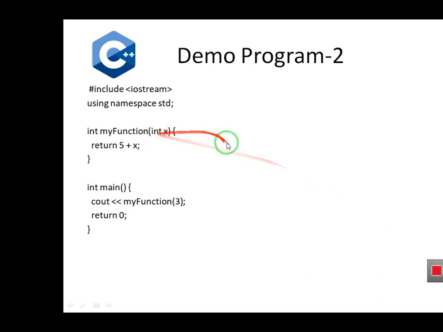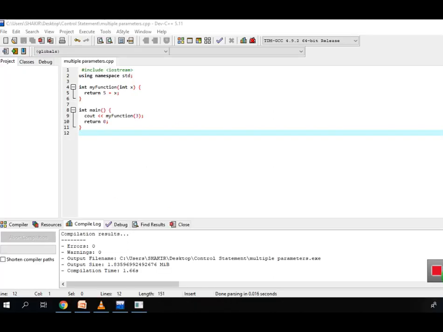So we are moving towards compiled C++ and see how this program works. Here I overwrite the function, like multiple parameters. I save it with the same name. So the concept of return value is, if you want the function to give you something in return, we have to declare the return keyword along with the data type.